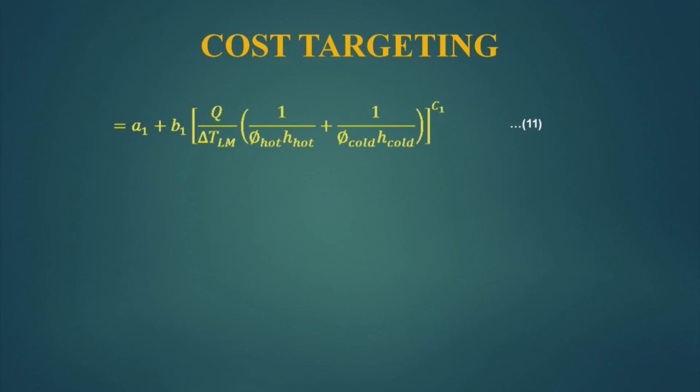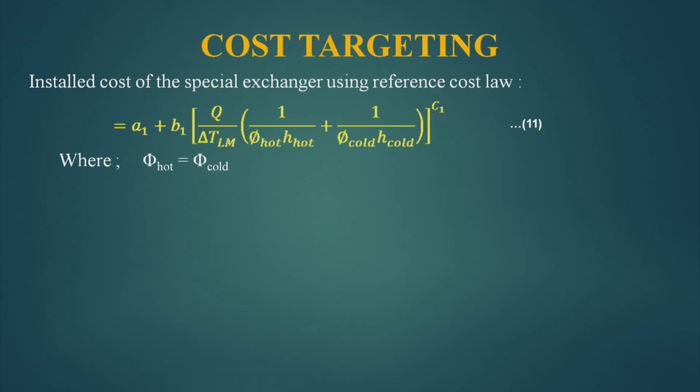Now, once this is known, then the installed cost of the special heat exchanger using the reference cost law will be A 1 plus B 1 Q by delta T ln into, in brackets, 1 by phi hot into H hot plus 1 by phi cold into H cold.